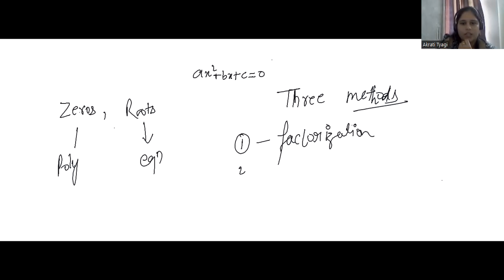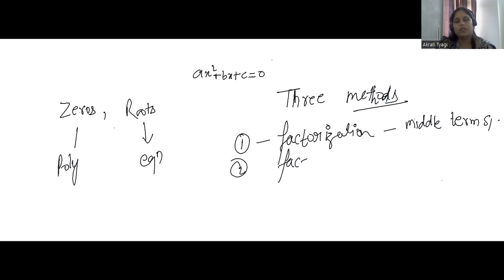The second method is factorization by formula.